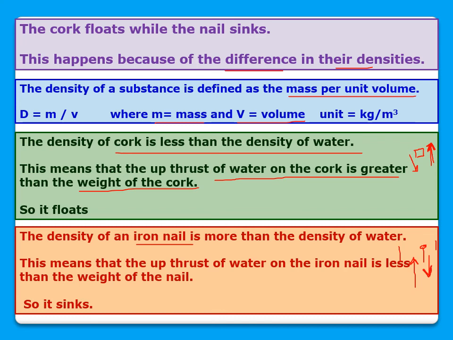Okay, but the weight will be more and buoyant force will be less. That is why this nail sinks. So now I think it is clear to you why the cork floats and iron nail sinks.